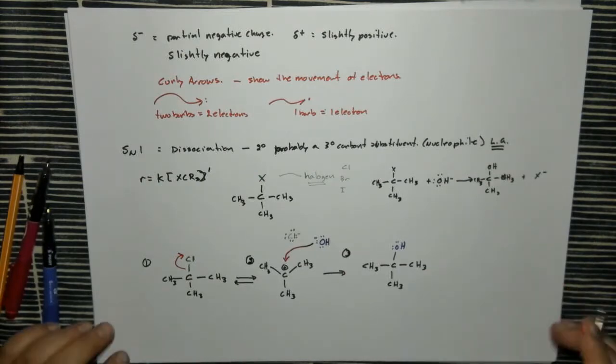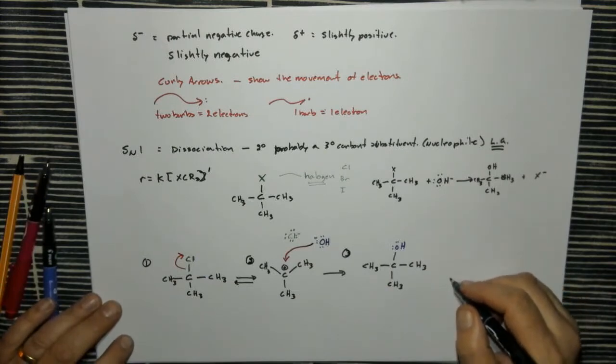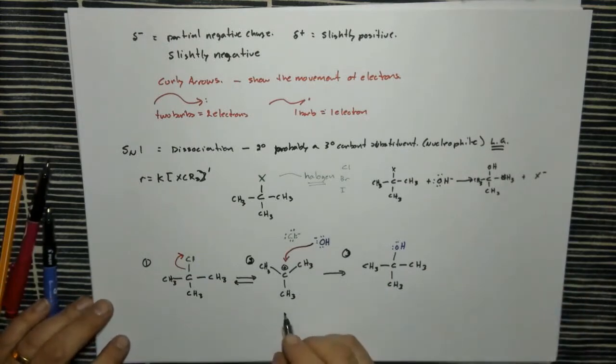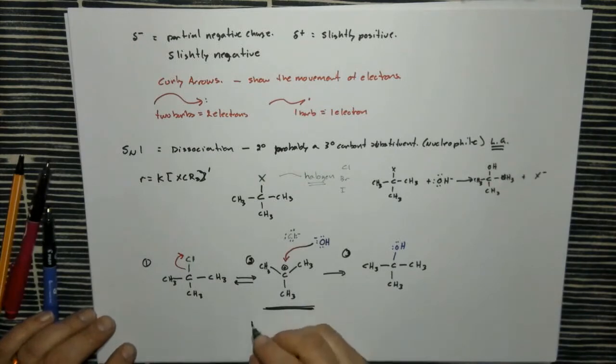Now, beyond that, we also need to have some sort of awareness of the energetics of this reaction. This particular species, this thing that's happening in between here, this carbocation, is usually referred to as a reaction intermediate.